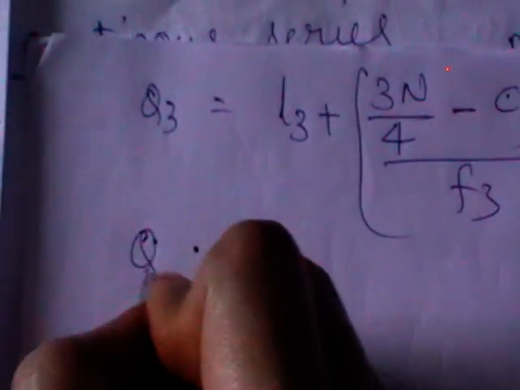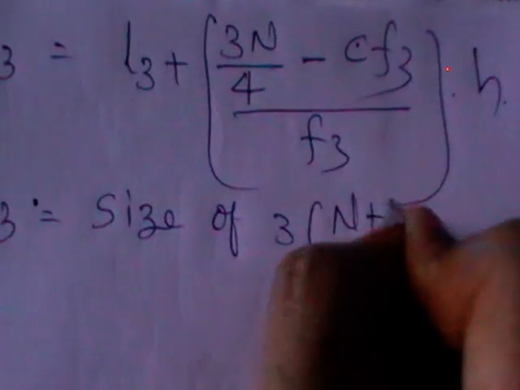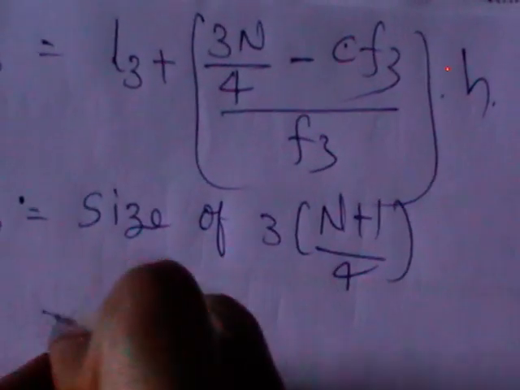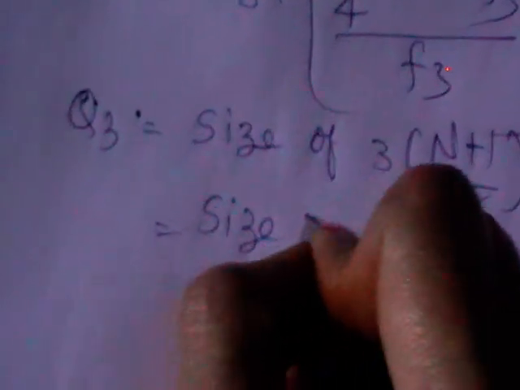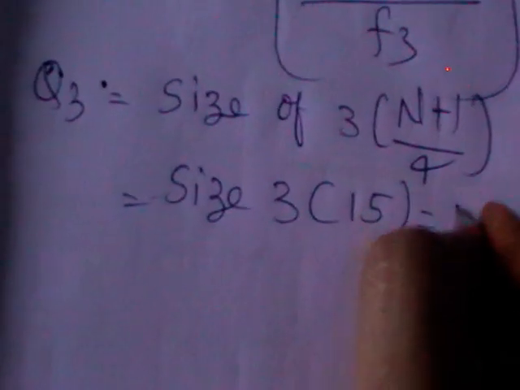To identify the Q3 class, consider the size of 3 times n by 4, which is nothing but 3 into, as we found just now, n plus 1 by 4 is 15, which is 45. From this CF column, you identify the value which is just greater than 45.